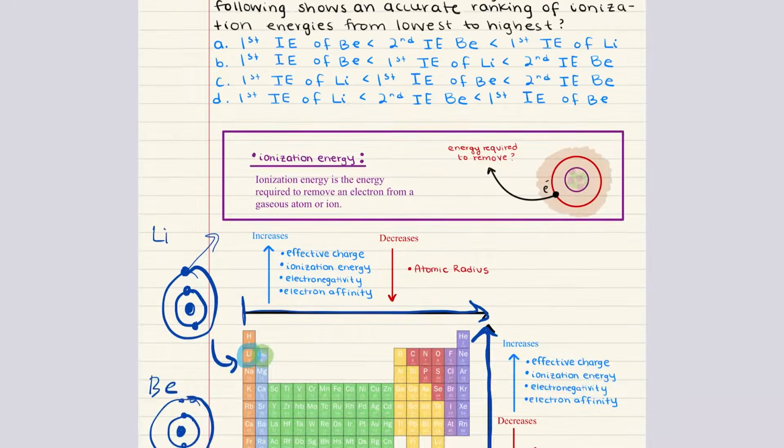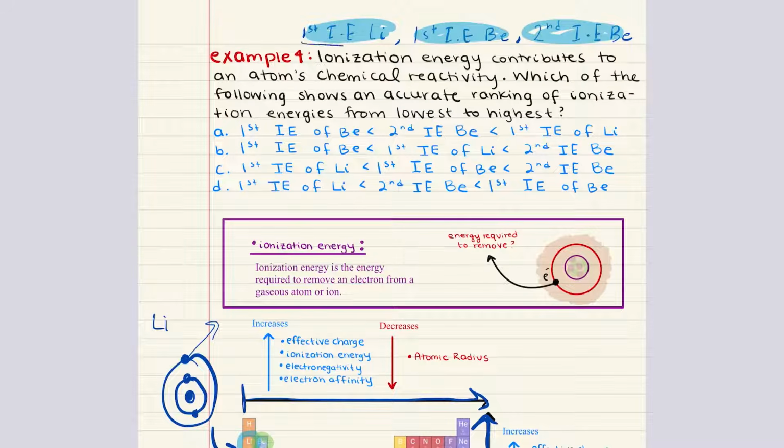And so comparing just the first ionization energy of lithium and the first ionization energy of beryllium, that first ionization energy of beryllium is going to be higher than the first ionization energy of lithium. Now, the second ionization energy is the energy that's required to remove a second electron after that first has been removed.